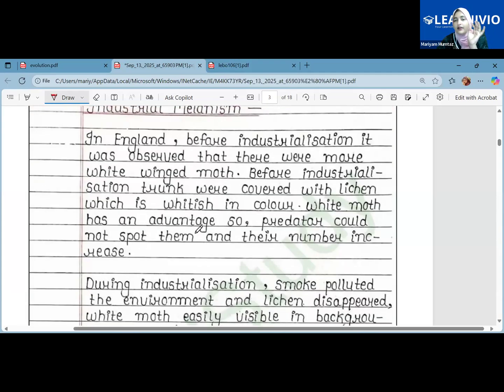During that time, the trees were covered with lichen that are whitish in color as well. Now, lichen are indicators of pollution, so they never grow in areas that are polluted. So on a tree with white moths, if by chance any dark colored moth was present, that moth was eaten by the bird and the white one was naturally selected.